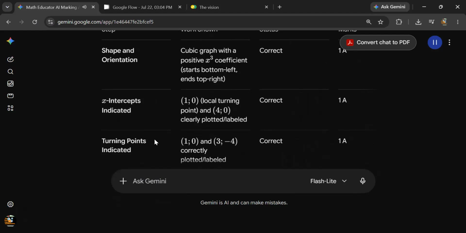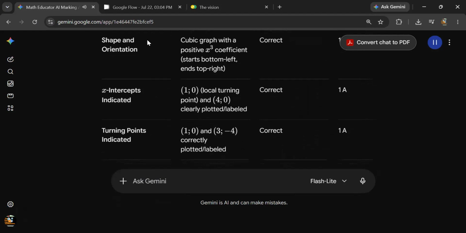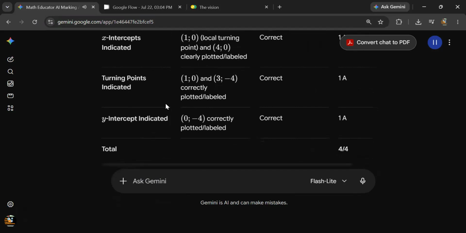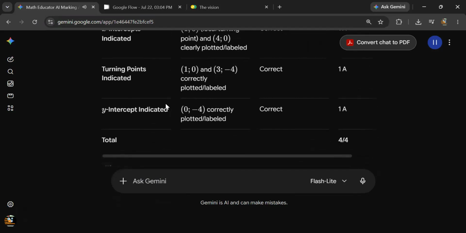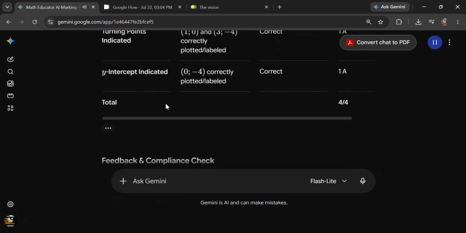Clearly plotted, labeled. Correct 1A. Turning points indicated 1, 0, and 3, -4. Correctly plotted, labeled. Correct 1A. Y-intercept indicated 0, -4. Correctly plotted, labeled. Correct 1A. Total 4 marks.